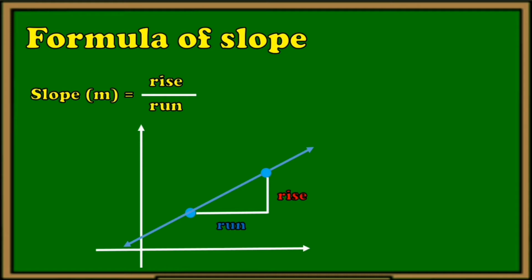Also, you can use the upper part of the line. The vertical line is the rise and the horizontal line is the run. Again, to determine the slope, all you have to do is divide them. That is rise divided by run, or rise over run.